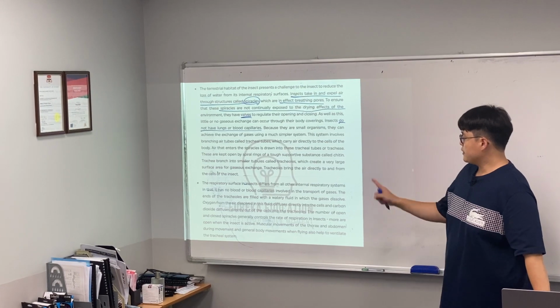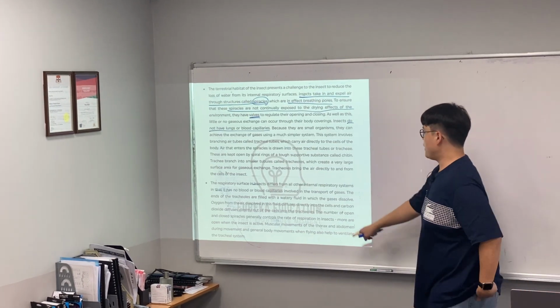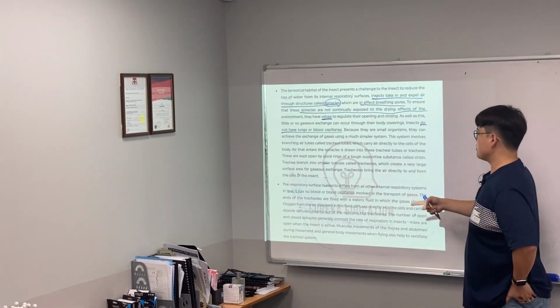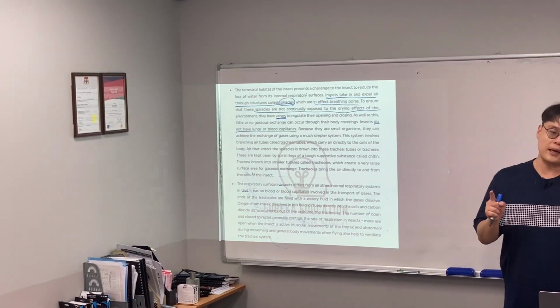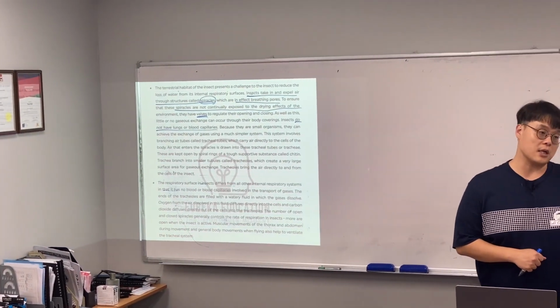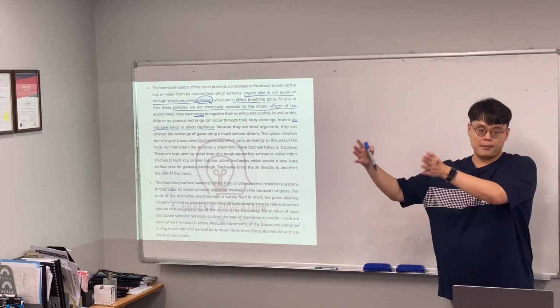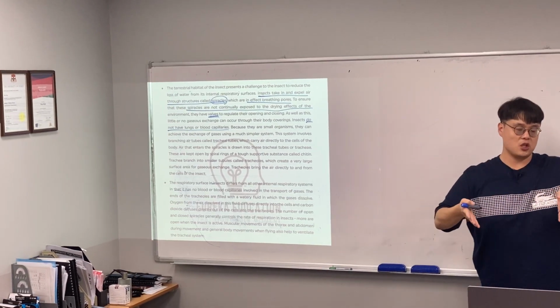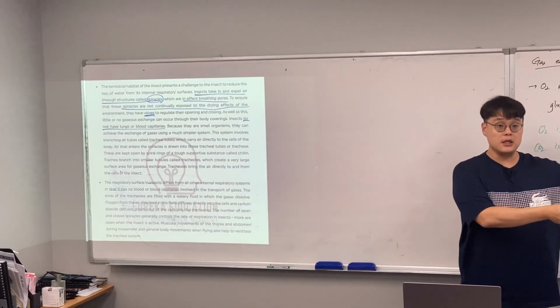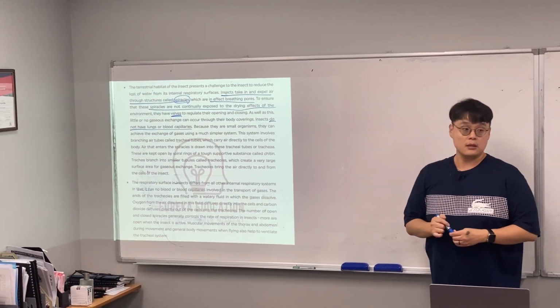Again, the respiratory systems differ by the internal system, that is, with blood or no blood. We're going to talk about open blood systems later next week too. But can you see the difference between the mammals' respiratory system, fish, and insect in terms of their characteristics?